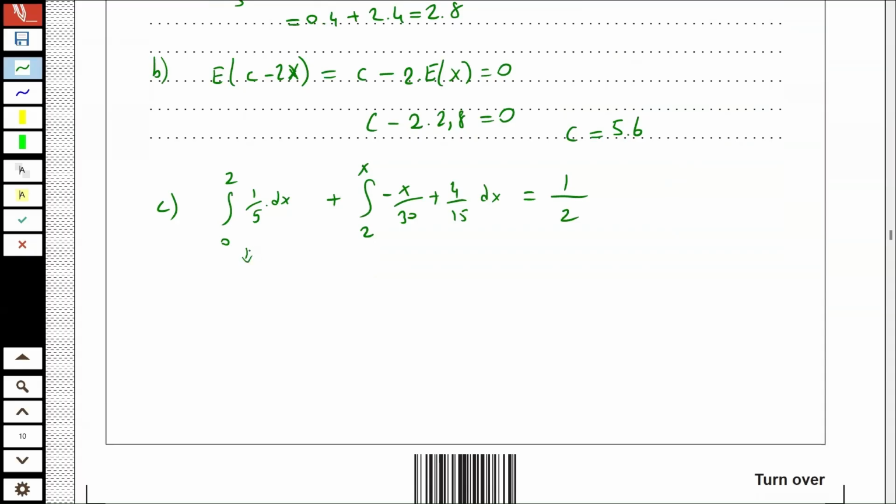So this integral, we can write x over 5 from 0 to 2, plus the integral of this other function is, let's say in parentheses, minus x squared over 60 plus 4 times x over 15.